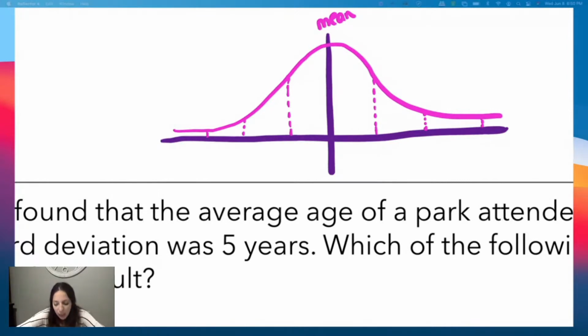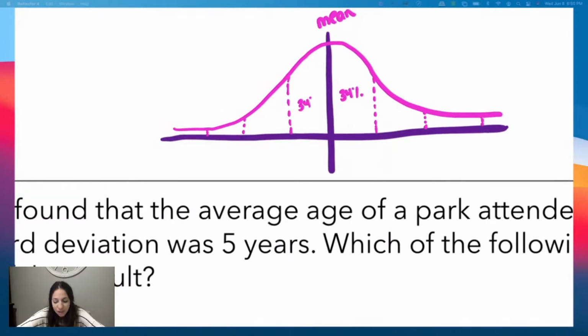And I know that about 34% of my data is going to fall within 1 standard deviation of my average. And then about 12 to 13, I'm not remembering it completely correctly, 12 to 13-ish% falls in here, and like 2% falls here.